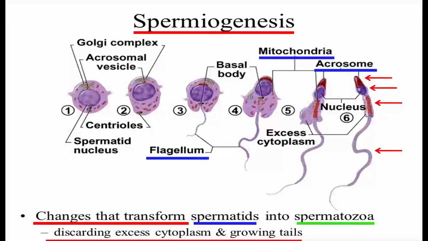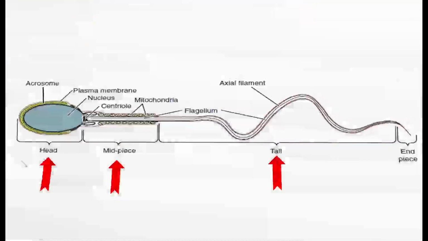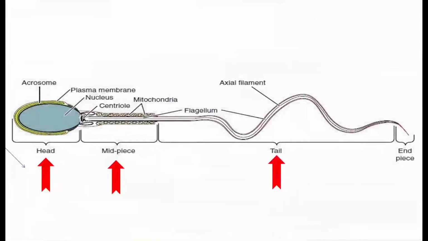This is a group of changes that transform spermatids into spermatozoa. The other name for spermatozoa is sperm. This is a diagram of parts of the mature typical shape of a sperm.